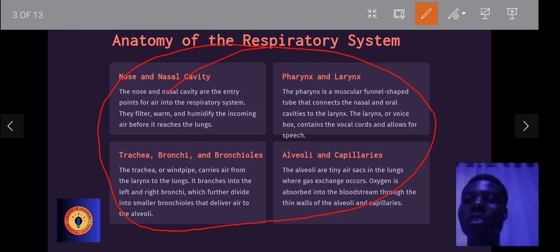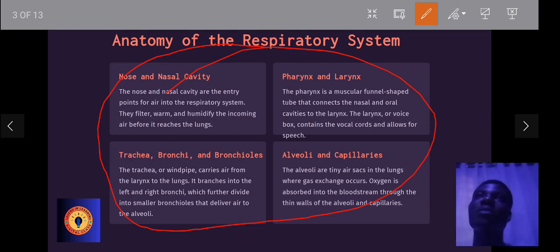They carry air from the larynx to the lungs. The trachea carries the air from the larynx to the lungs, and then the bronchi further carry the air through the lungs.